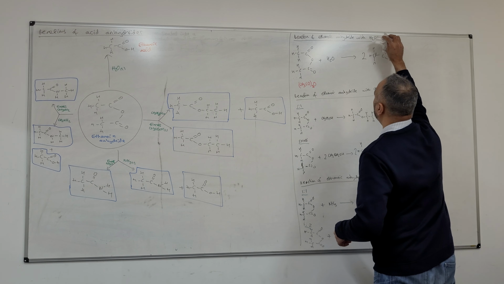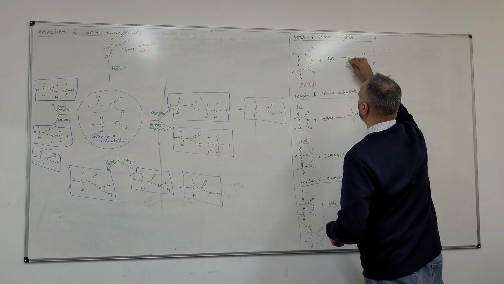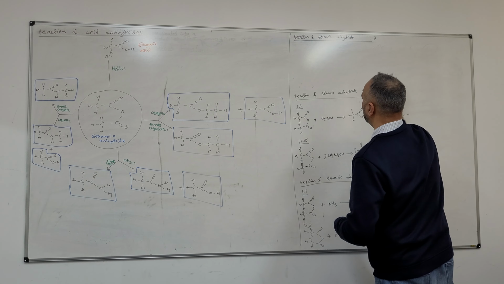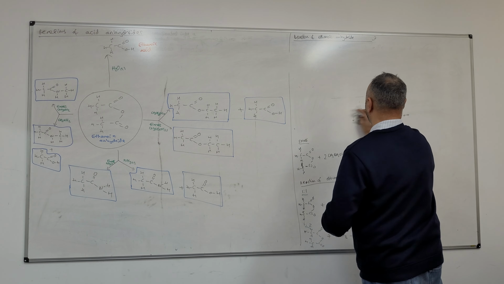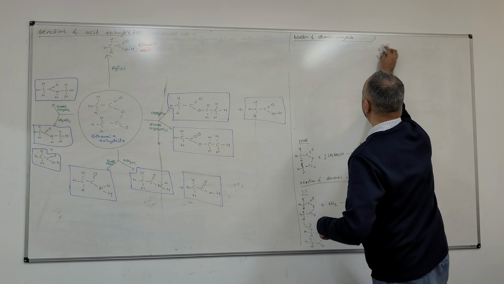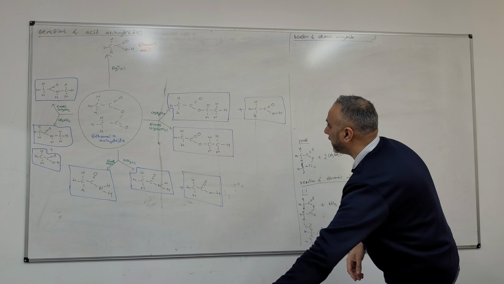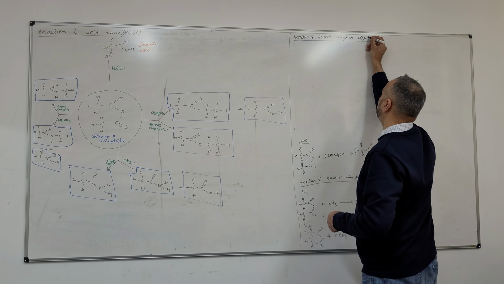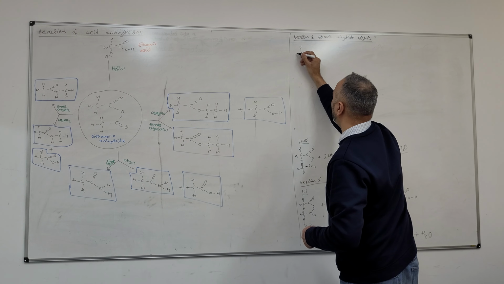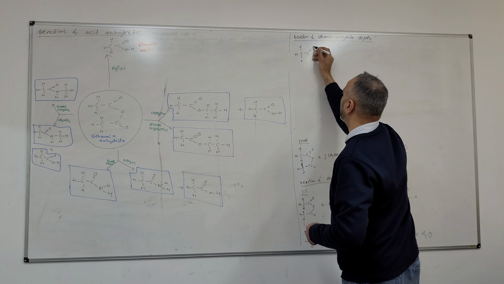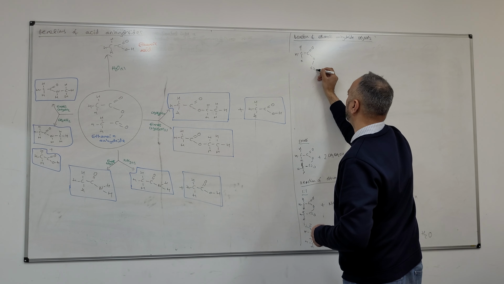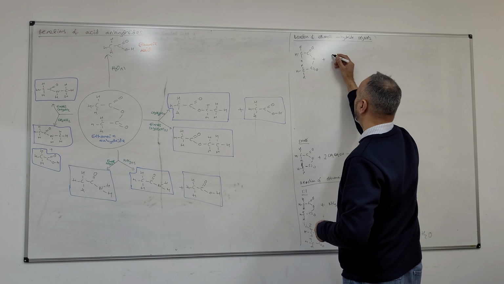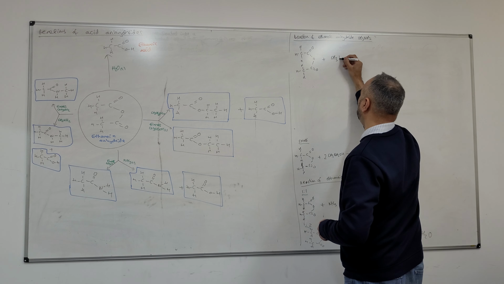Can I just rub the top bit off? Yeah. Okay, so what I'll do, this is the reaction. Just rub this bit off. Make space. Right, so this one is the reaction of ethanoic anhydride with methylamine. So what we have here, so this is 1-to-1.